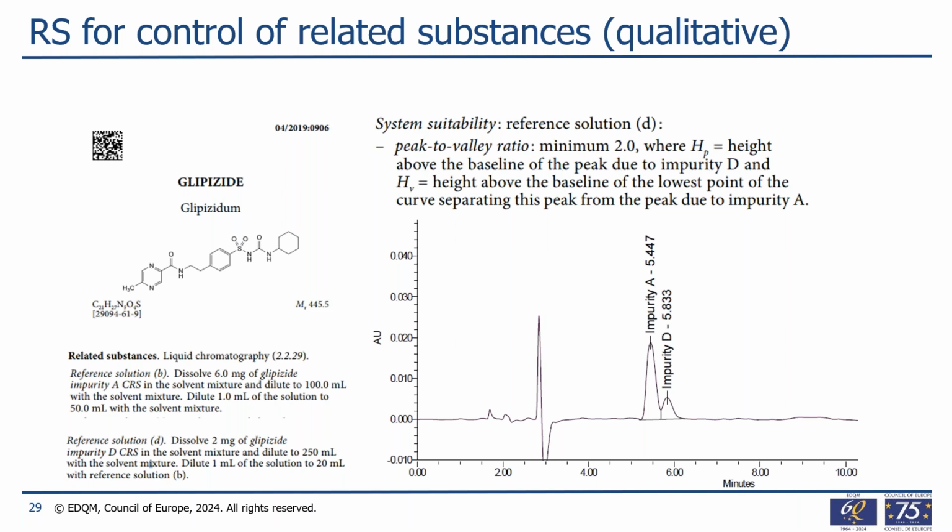And also in general, we have a very good batch-to-batch continuity, because imagine impurity D CRS 1 is 100% pure, and impurity D CRS 2 is only 95% pure, then this would have only a very limited impact on the outcome of the system suitability criterion. So this is of course an advantage.